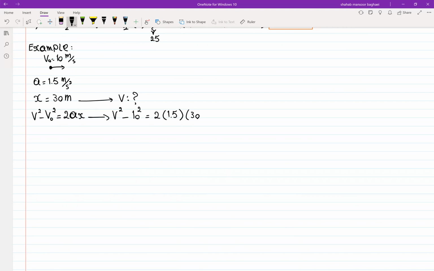V square minus 100 equal to 2 times 1.5 times 30.